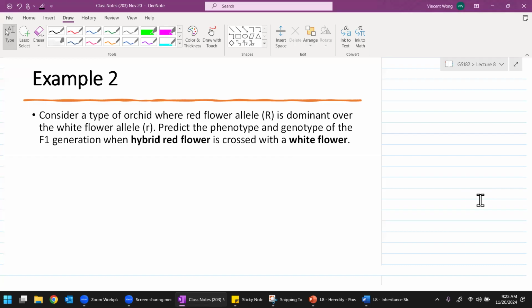That goes right out of. Okay, 50-50? Yeah, so you have to write that 50-50 for the genotype, because it asks you to take the phenotype and genotype. It's okay? Good.